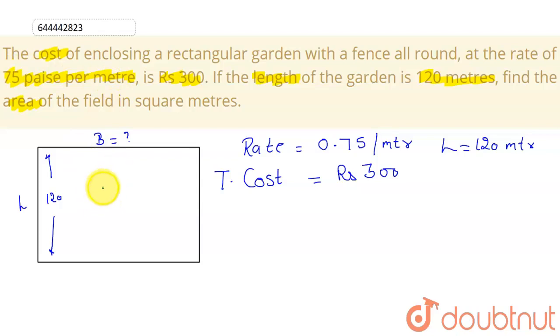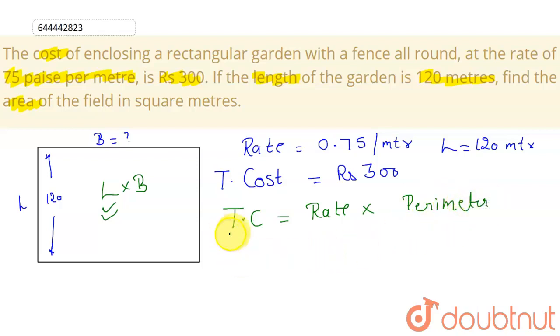So this area is L into B. L we know, B we have to calculate first, so for that we can use this data. See, the total cost, TC, is equal to the rate into the perimeter of this rectangular field.